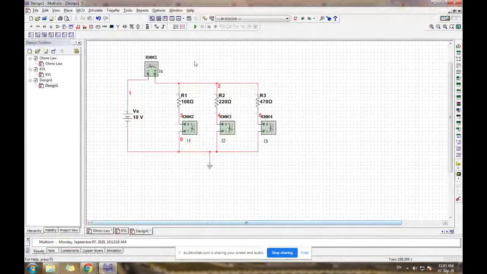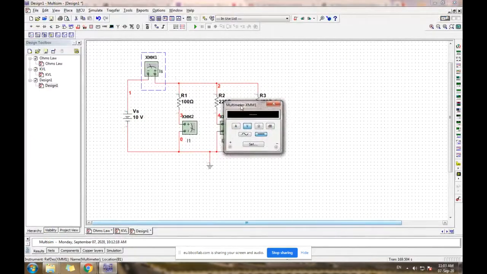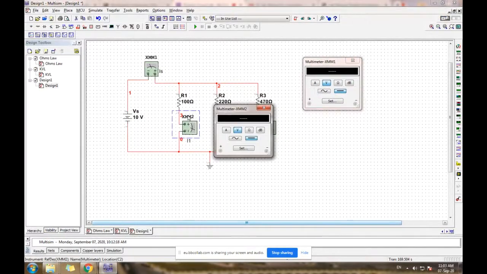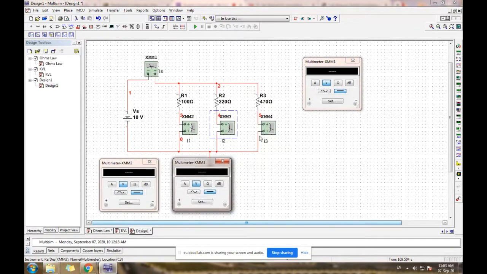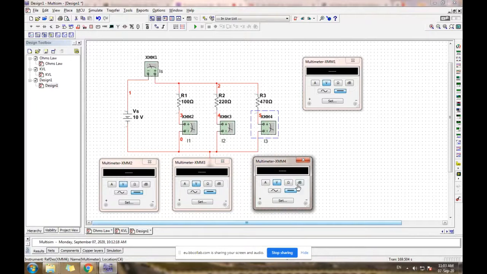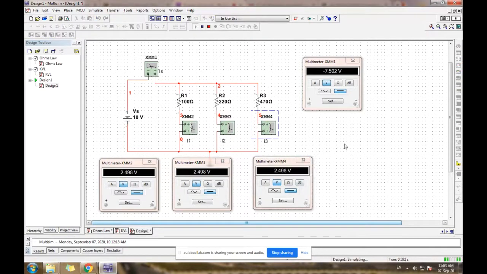So let us check this. You know this is Is, okay? This is I1, this is I2, this is I3, okay? Let us run this. So what is the current? You can say this is minus. Why is it minus? It is minus because here there is a mistake.